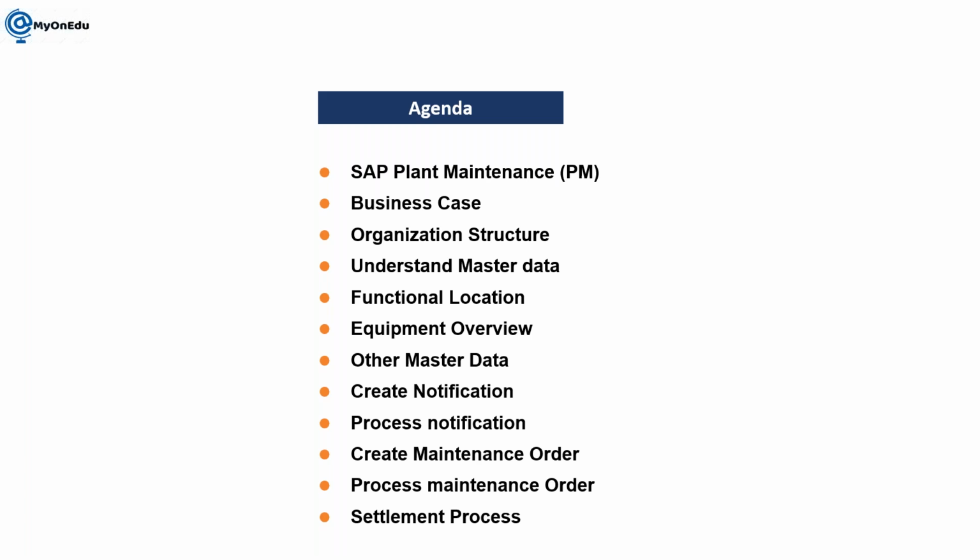Further we'll go for understanding the notification and how to process it, the maintenance order with reference to the notification, and then processing the maintenance order further to the settlement process. If I take one simple example, this is the complete life cycle of one maintenance process here.